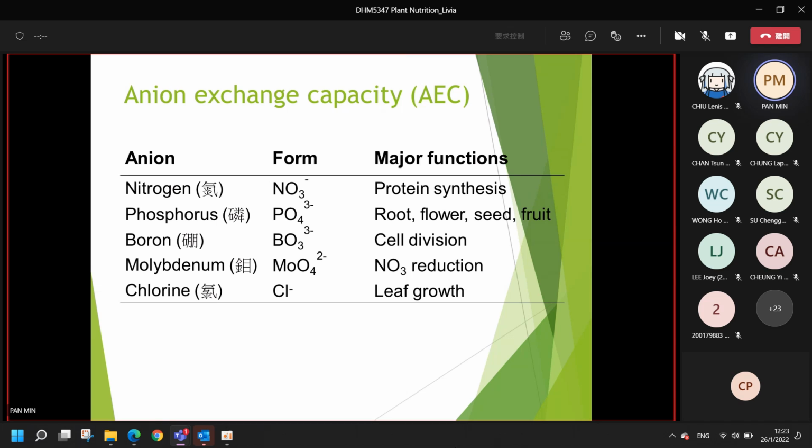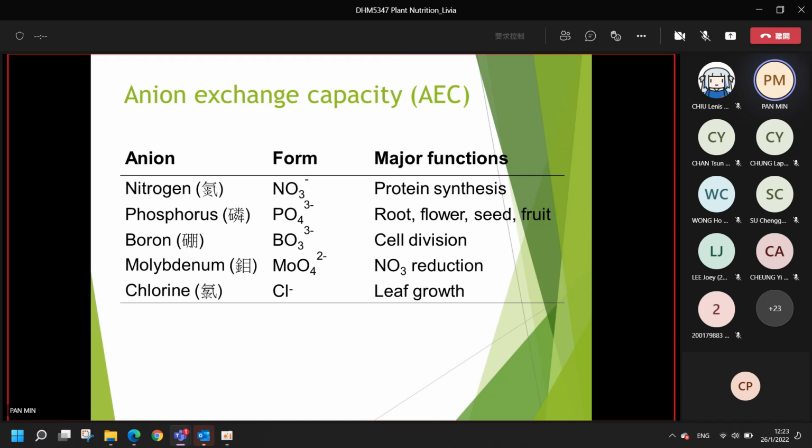And also phosphorus, boron, molybdenum, as well as chlorine, show up as negatively charged forms. We call it anion exchange capacity in the soil.